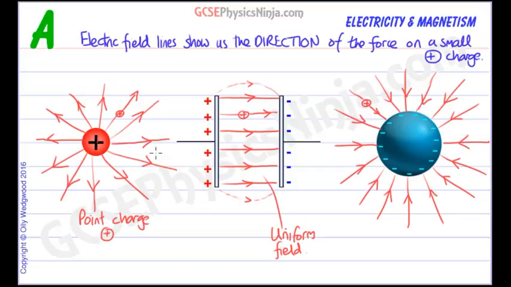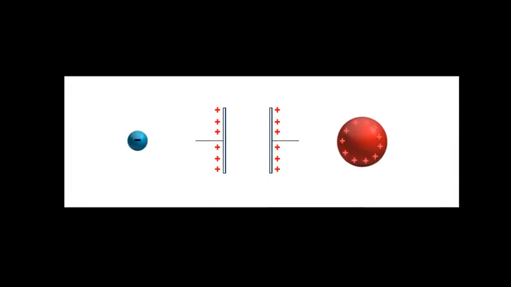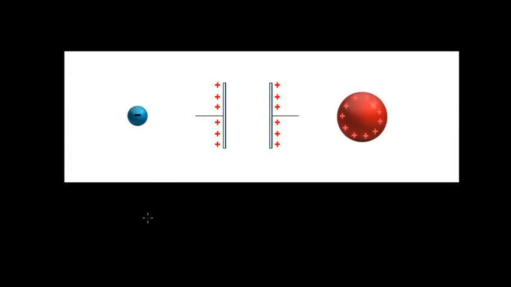Okay, so those are three common examples. I'm just going to show you a couple more examples just so that you are equipped with all the possibilities that you could come across. What about a negative point charge? Let's have a look. Well, using the same idea, a small positive charge would experience a force going in.